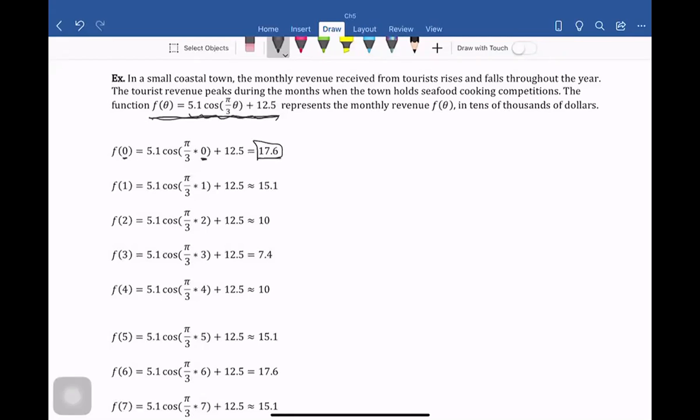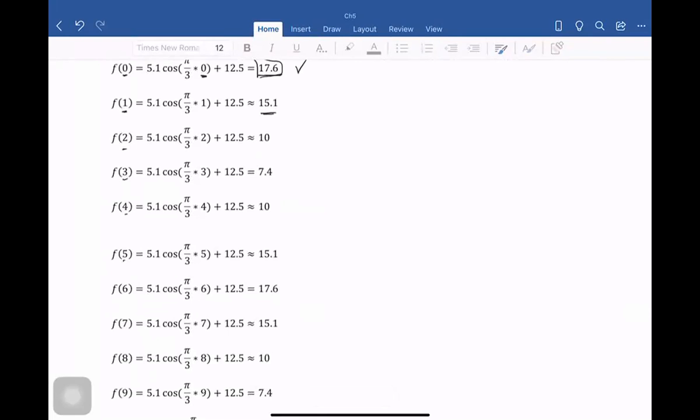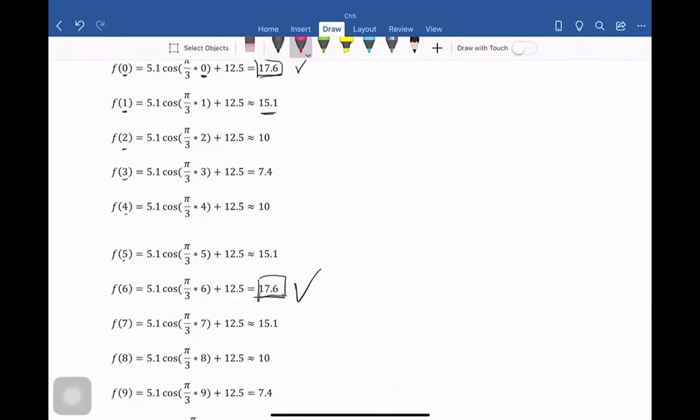I plug in 1 in the expression, I got this value, and then 2, 3, 4, 5. I see the first value 7.6 appears here, and 1 is my second, 11.6. When theta is 6, the function gives us the value 17.6.